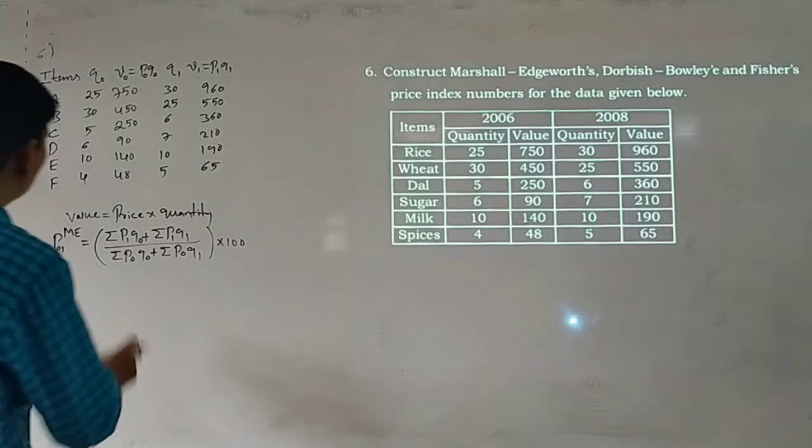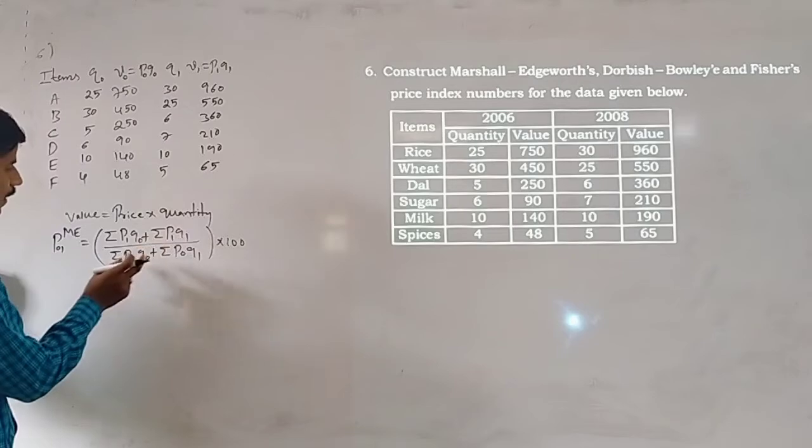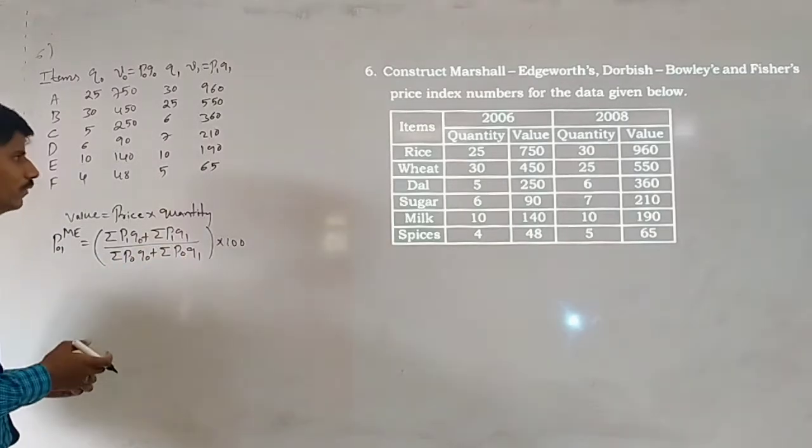Here first you have to find P1Q0, P1Q1, sum of P1Q0, sum of P1Q1, sum of P0Q0 and sum of P0Q1.